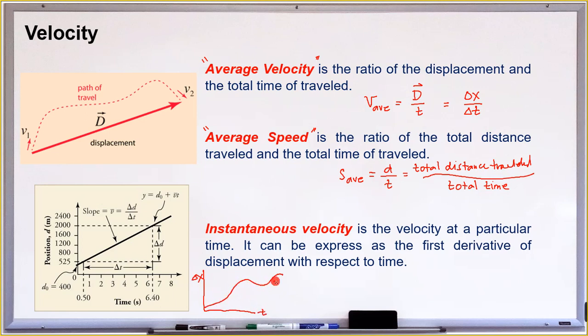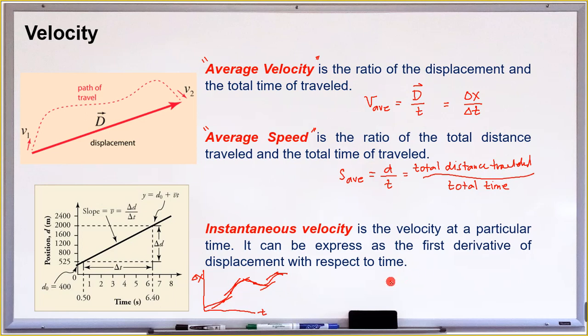If we have a curve, by using differentiation, of course, we can predict its slope. The slope is given by the line tangent to the curve. With that information, we can predict the velocity at any particular point, and that kind of velocity we call the instantaneous velocity.